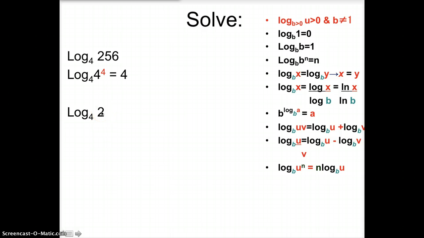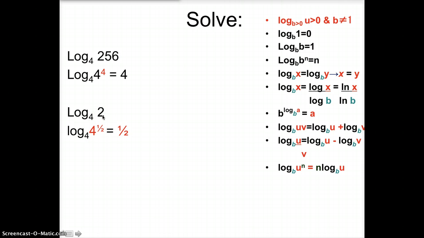Well, you'll have to wonder, can 2 be written in a base 4 to be able to match this 4 right here? After a little thinking, you might determine that 4 to the 1/2 power, remember 1/2 is a square root, 1/3 is a cube root, so 4 to the 1/2 power is really the square root of 4, which is 2.